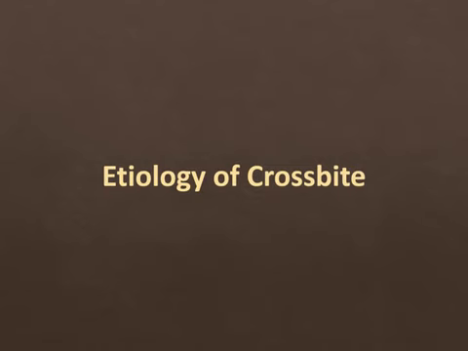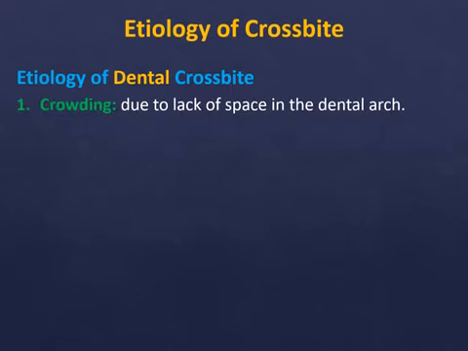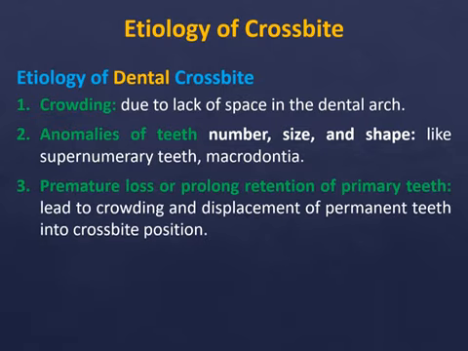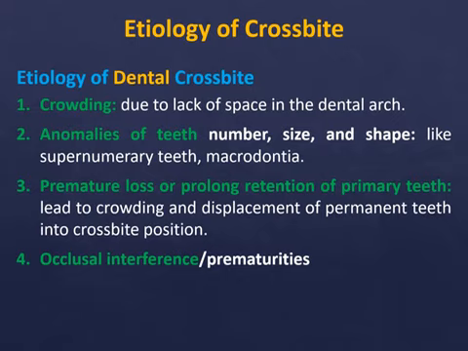Etiology of crossbite. Etiology of dental crossbite could be due to crowding when there is lack of space in the dental arch, or some anomalies of the teeth like number, size, shape, like supernumerary teeth or macrodontia, or it could be due to premature loss or prolonged retention of primary teeth, leading to crowding and displacement of the permanent tooth into crossbite position, or due to occlusal interference or prematurities.